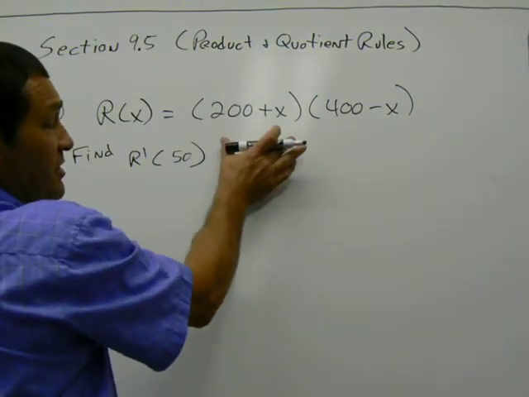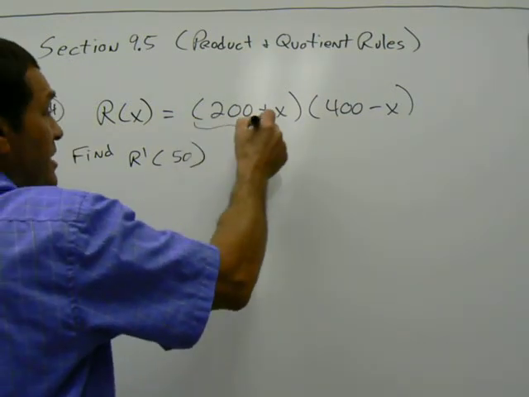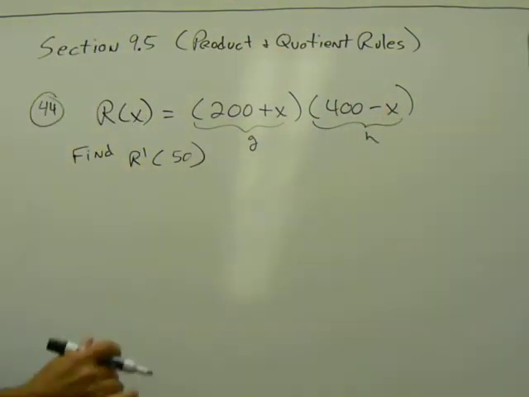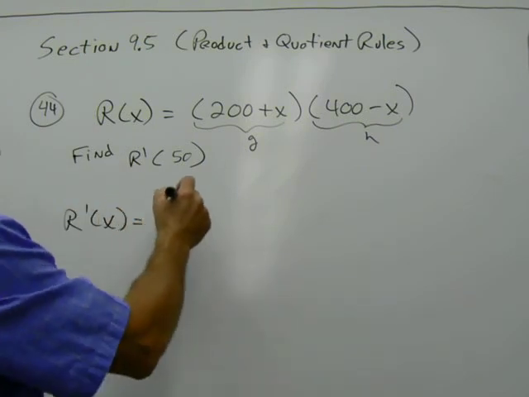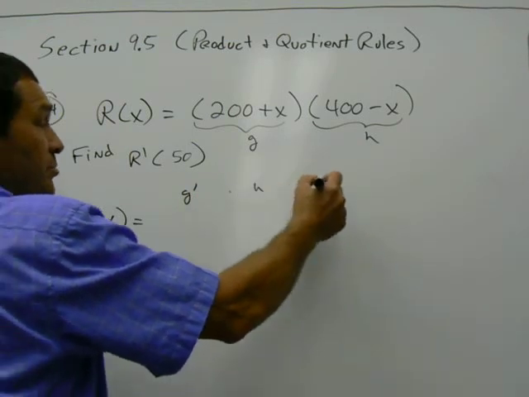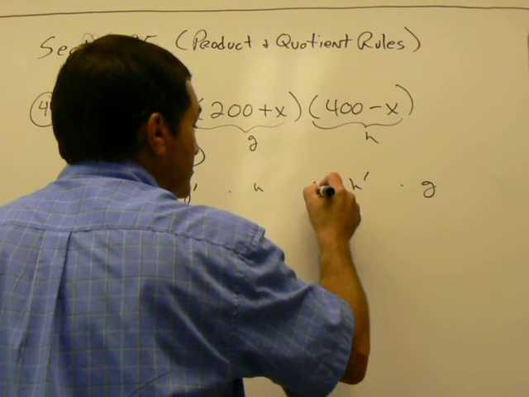Now let's find the derivative. Up here I have a product of two functions, this one times this one, and so you can think of this as being your function g, this as being your function h, and we're going to find the derivative using the product rule. R prime of x will be g prime times h plus h prime times g.